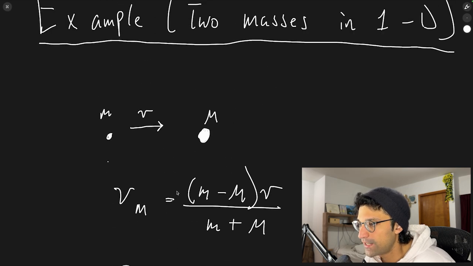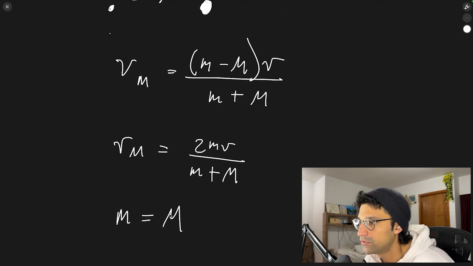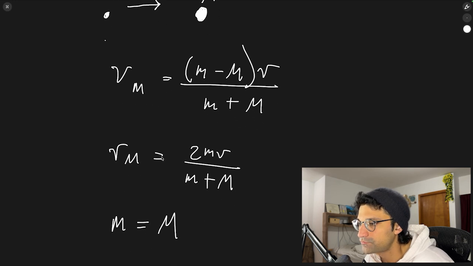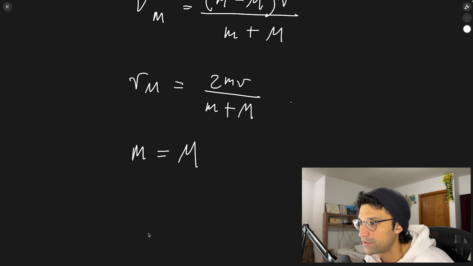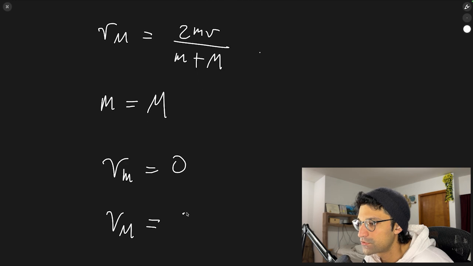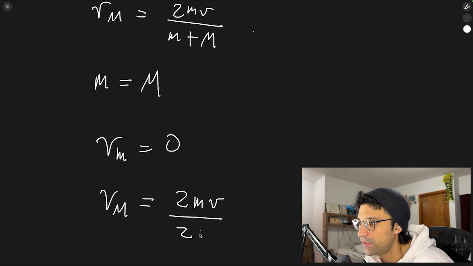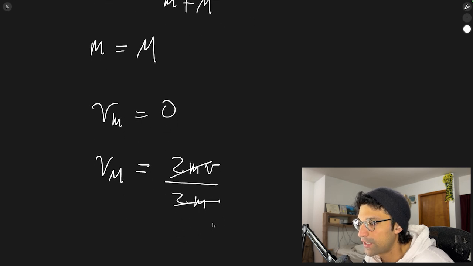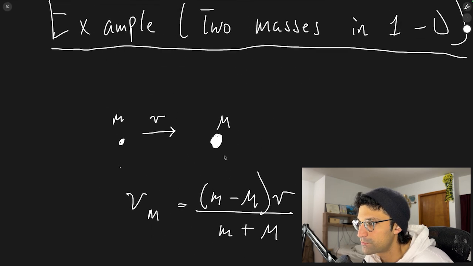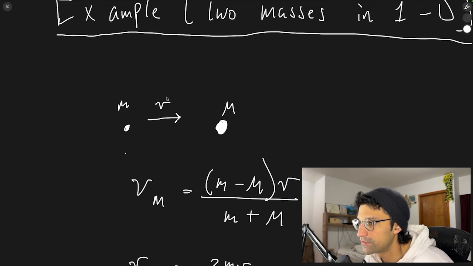Does that happen? Well, when they're equal, this goes to 0. That tracks, right? Then v little m goes to 0, and v big M is 2mv over 2m. That tracks too. So in other words, this mass will acquire this v.